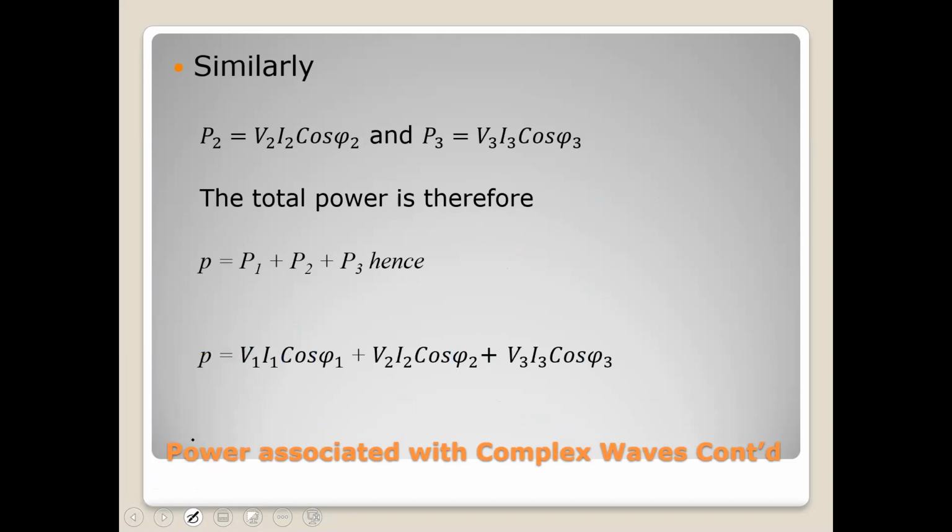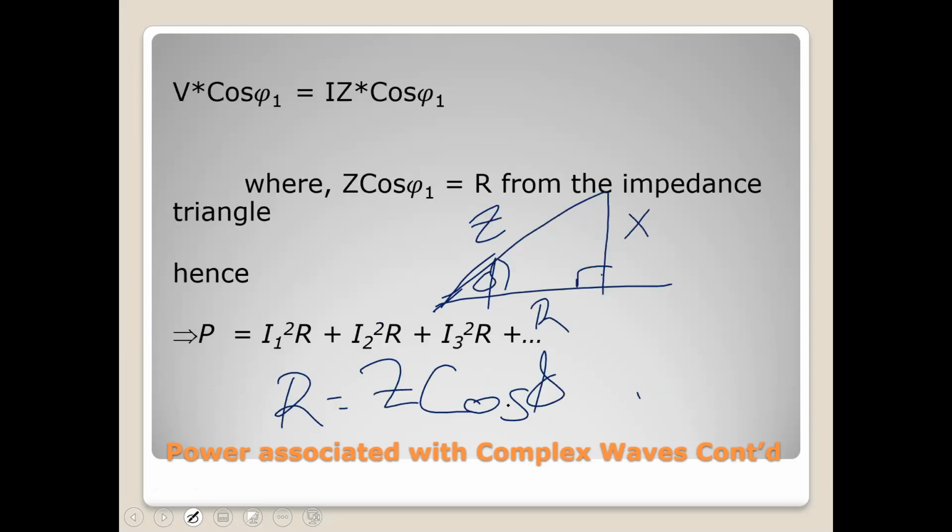Now, if we look back at this expression, I am multiplying V by I by cos phi. Now all I'm taking off here is the V cos phi, and V we know is equal to I times Z. So V cos phi, the IZ would be V. Yes, we have IZ cos phi.